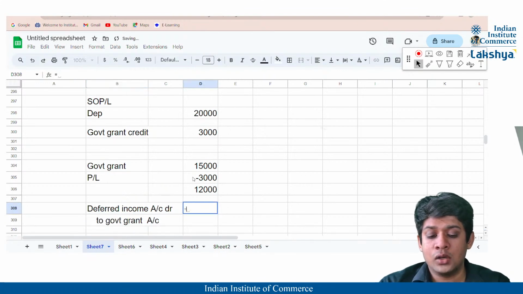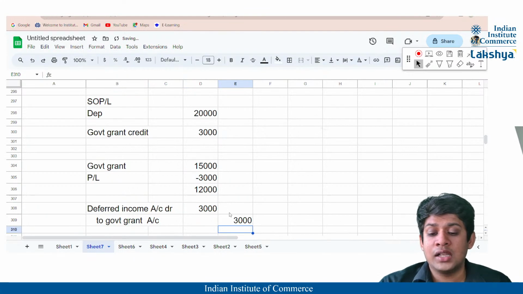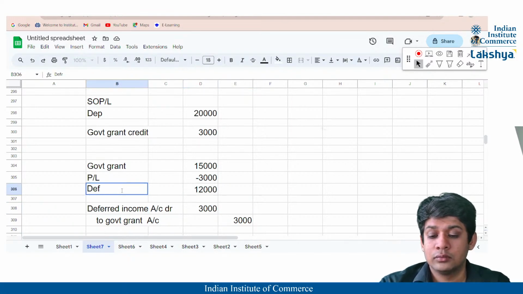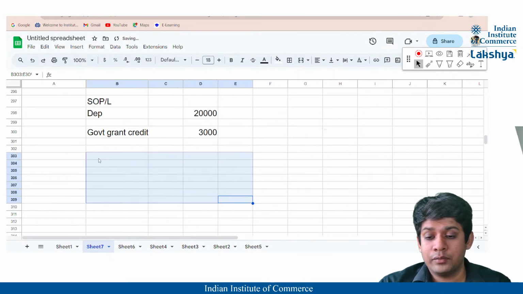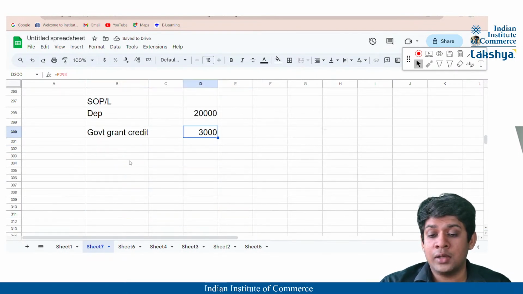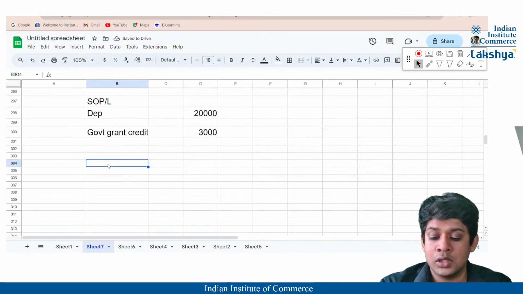Okay. 3,000 will be taken to my P&L as an income, right? This is the journal entry that I will pass. And obviously I've debited, so it will reduce by 3,000 and my deferred income will thus be 12,000, correct? So this is how I will do the calculation, and my government grant credit I will state in my P&L to be 3,000.